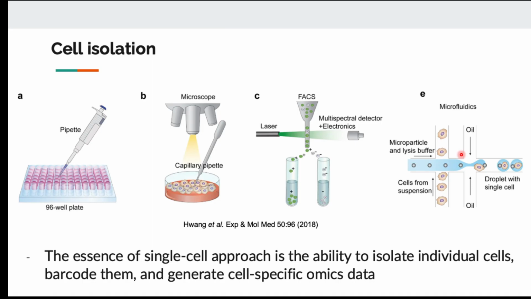With a microfluidic device, you can flow the cells in from one direction, and you can flow your PCR and sequencing buffers from another direction. You control the volume and flow rate of the cells in such a way that each droplet of sequencing and PCR reaction that forms will, on average, most of the time, contain only one cell. So you can isolate all the cells into different individual droplets.